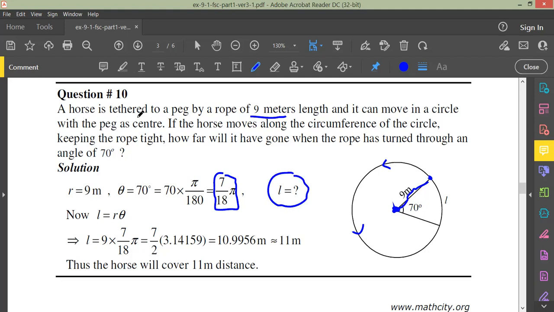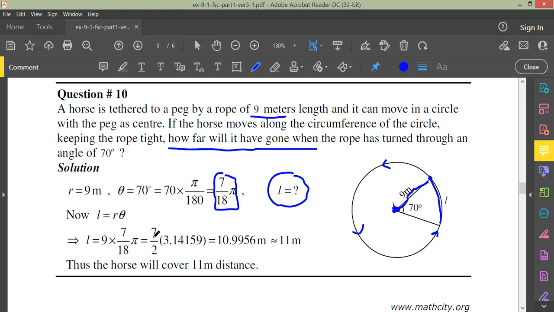The horse is tethered to a peg by a rope of 9 meters length and it can move in a circle with the peg as center. If the horse moves along the circumference of the circle keeping the rope tight, how far will it have gone? We have to evaluate the value of L, meaning how far a distance it has covered.